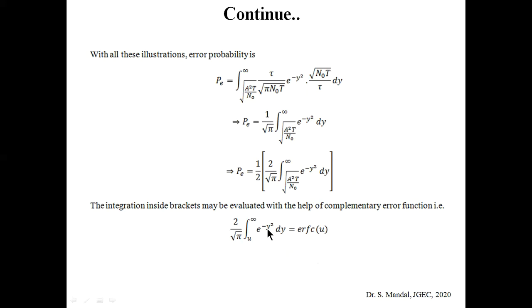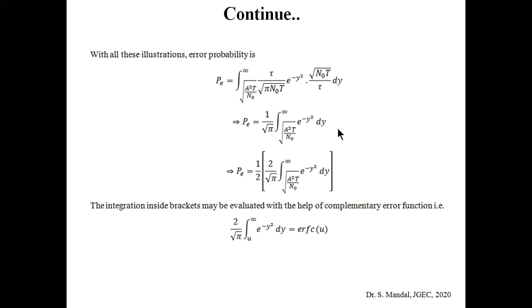Now substituting all these expressions into the earlier equation, the probability of error becomes the integration from root over A square T by N_0 to infinity of tau by root over pi N_0 T, into e to the minus y square, into root over N_0 T by tau, into dy.